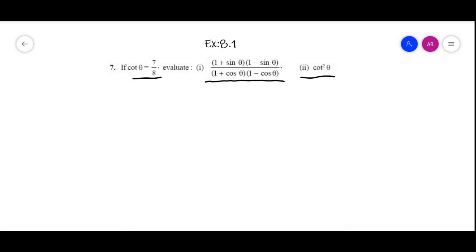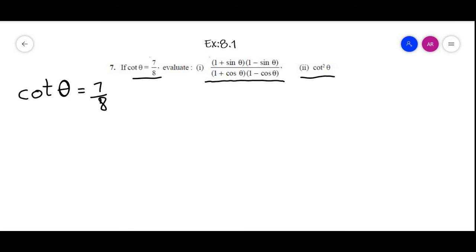So in the question we have been given that cot theta is equal to 7 by 8, right? We know that cot theta is the reciprocal of tan theta. What is the code for tan theta? It is TOA, which stands for tan theta is equal to the opposite side by the adjacent side.